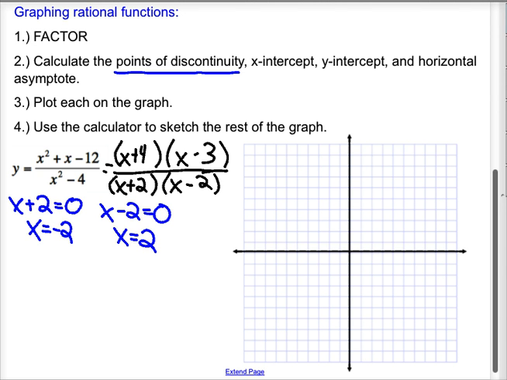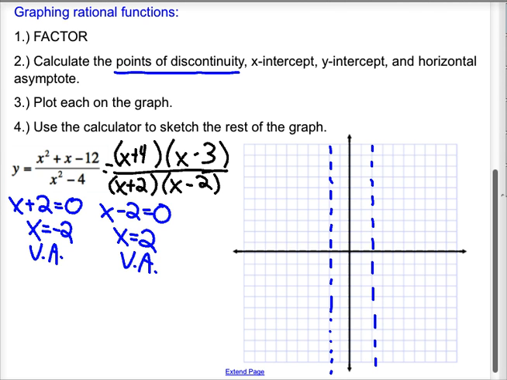Notice, neither one of those points of discontinuity factor out. That means both of them create a vertical asymptote. So I'm going to have a vertical asymptote at x equals 2 and x equals -2. That's what that's telling me.